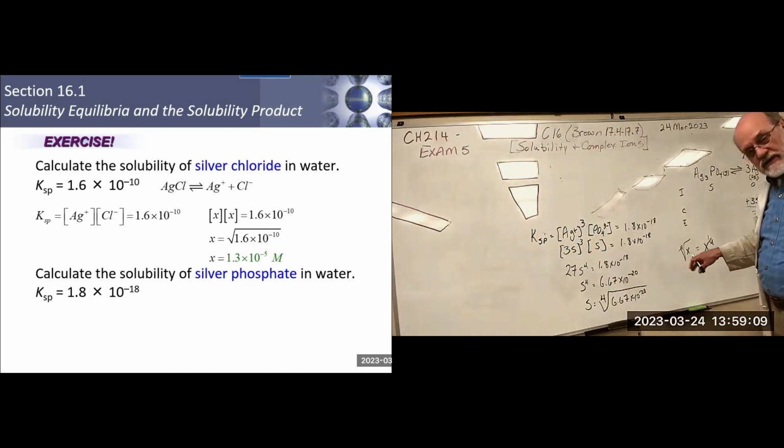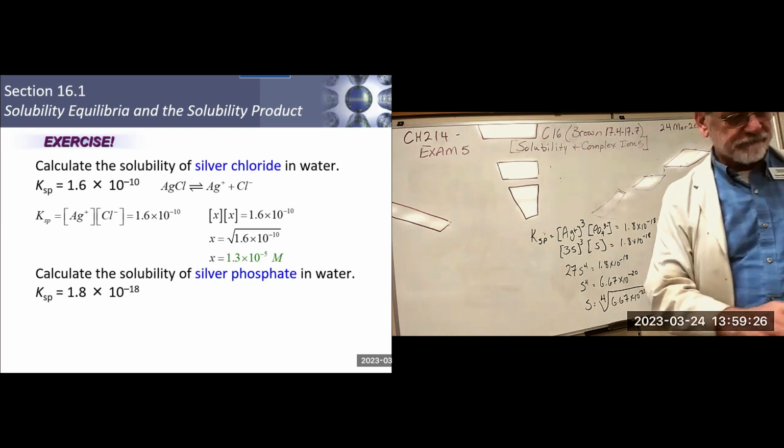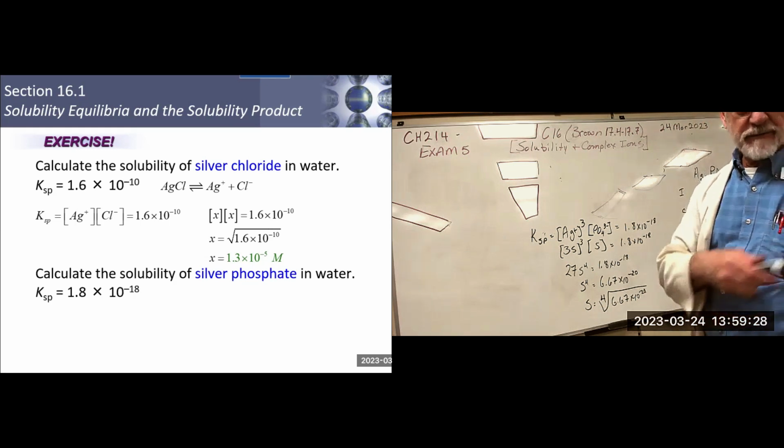Maybe your calculator doesn't have the X root function. But if you can do X to some power, then you can change the 4th root here to 1/4. And that will work. That's the way I have to do it in my calculator.